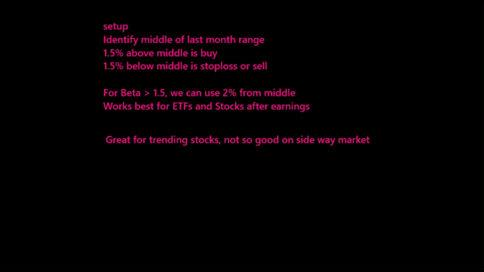It works best for ETFs. For stocks with beta greater than 1.5, we can use 2% from the middle. And also for stocks, it's better to trade right after the earnings rather than in the middle of the quarter. This strategy works for trending stocks.